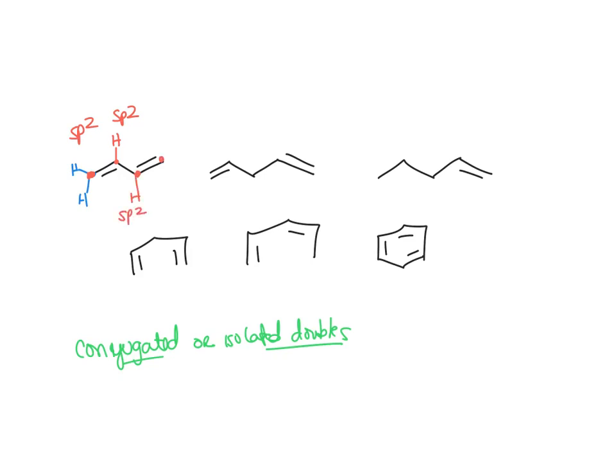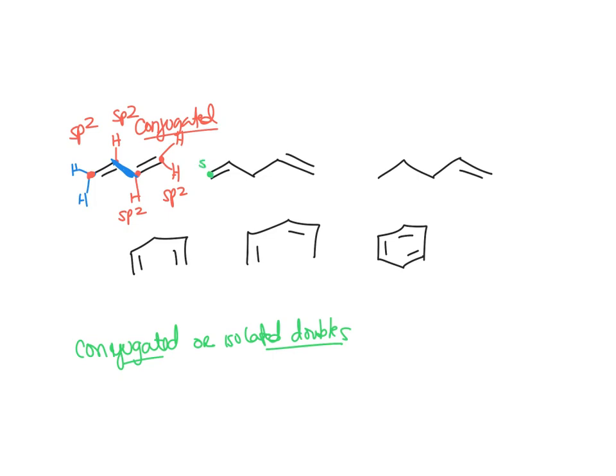This carbon has two hydrogens. 1, 2, 3, that's sp2. So if you have sp2, sp2, sp2, sp2, it is a conjugated system. So conjugated double bonds are separated by one single bond. And you can see the single bond here. So that's the definition. I just noticed that everything's sp2.